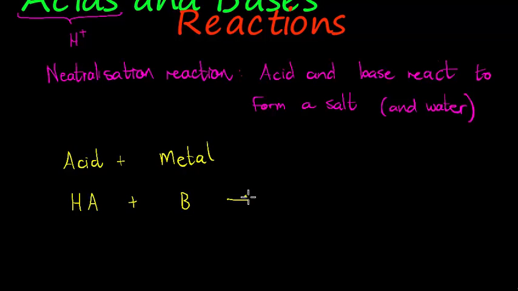It will react, and what you will find is that the metal and the anion will produce an ionic compound, and that would be a salt. It would be the metal first, B, because the metal is the cation, and then the A, and what would remain is only the hydrogen.